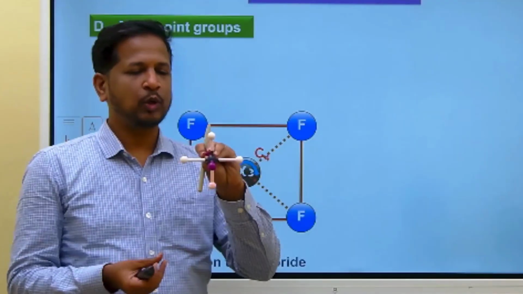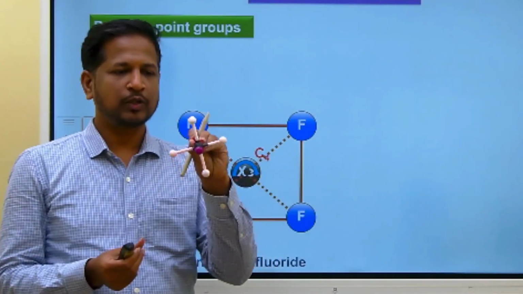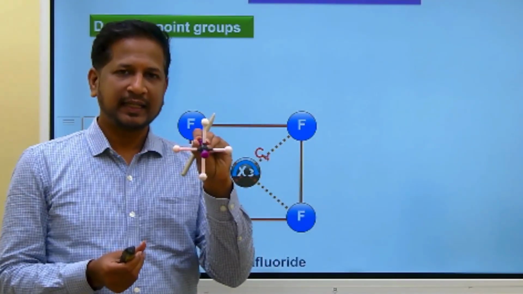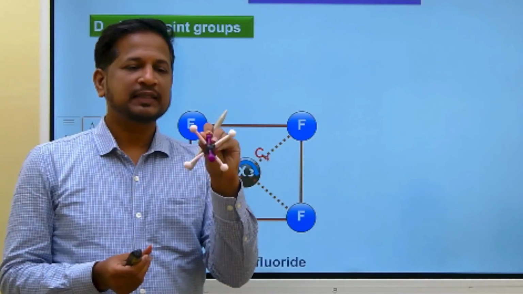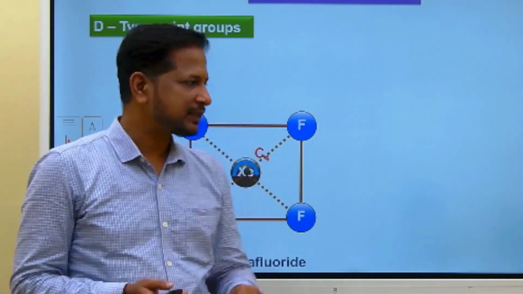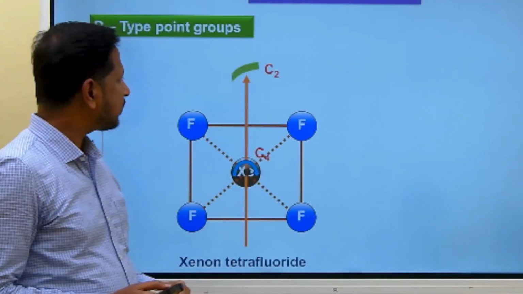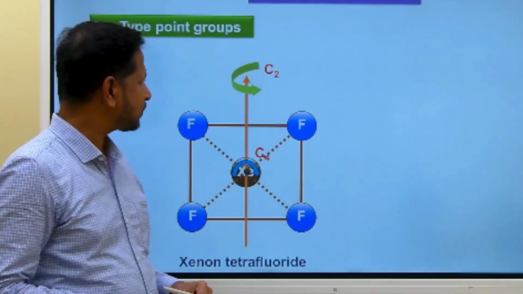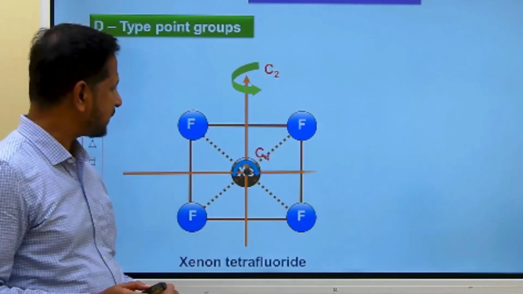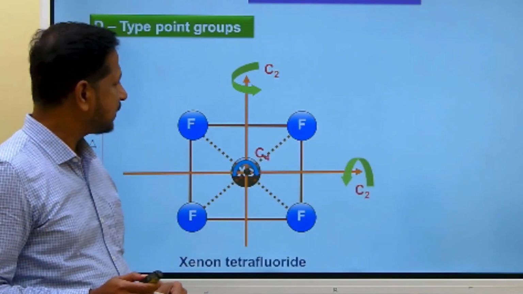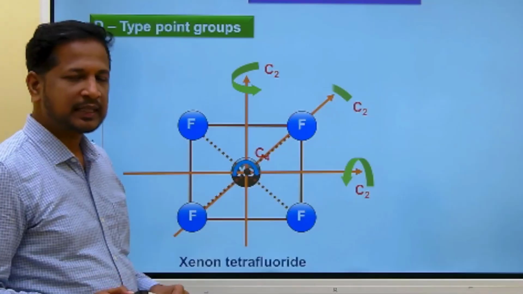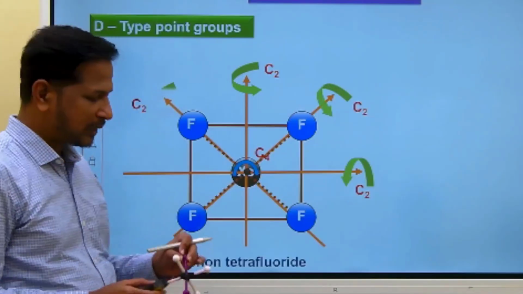If you hold the molecule like this and rotate it through 90 degrees, you get an indistinguishable image. So this is the C4 rotational axis present in this molecule. Now apart from this C4, there are four C2 axes present in this molecule. This is the first C2 axis, this is the second C2 axis, this is the third C2 axis and this one is the fourth C2 axis.